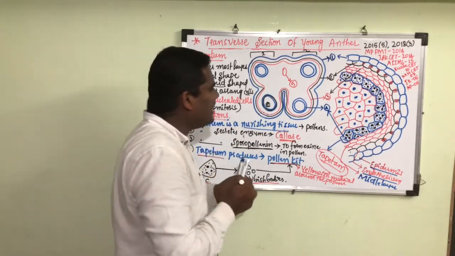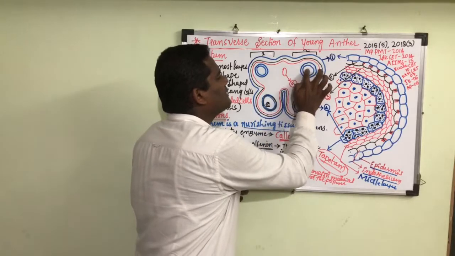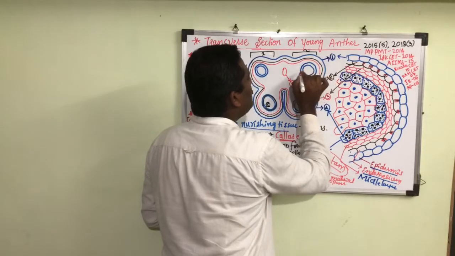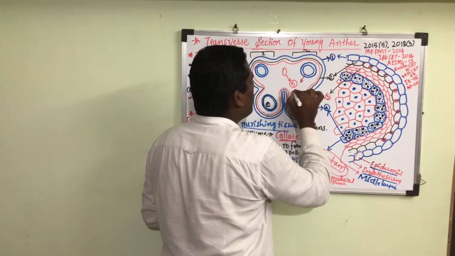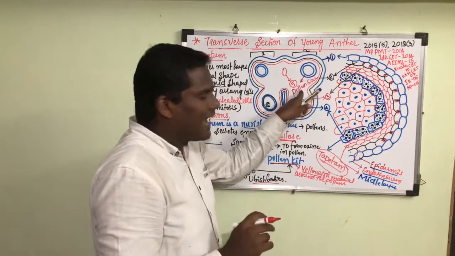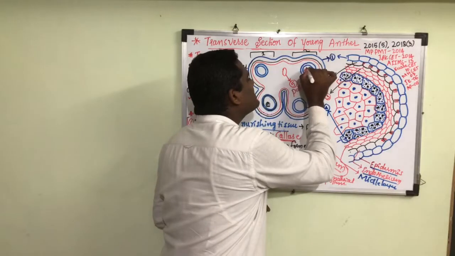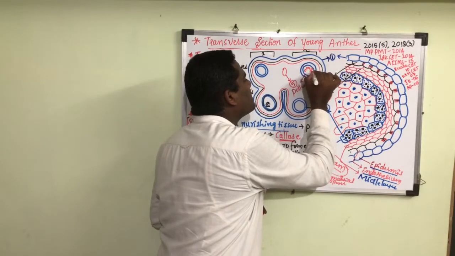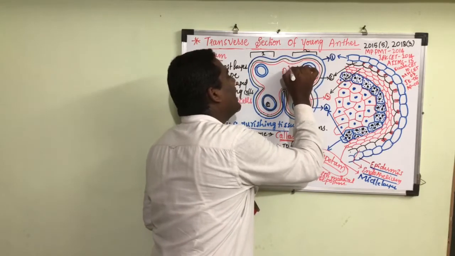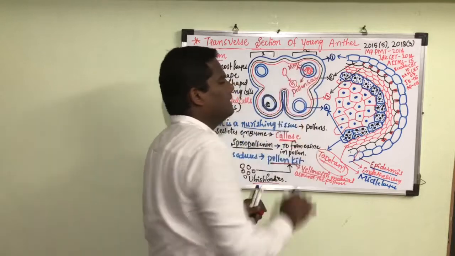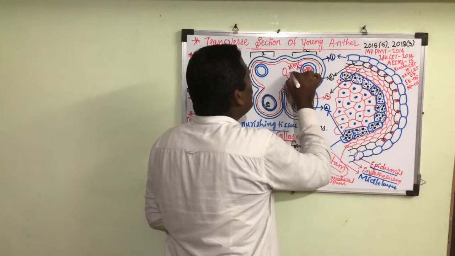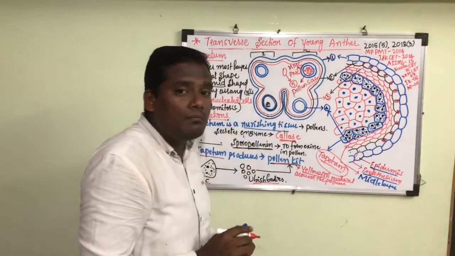Now, coming to this structure, this portion of the anther is called the pollen sac. In this pollen sac, so many cells are present. All these cells are the MMC, microspore mother cells, or they are also called PMC, pollen mother cells.